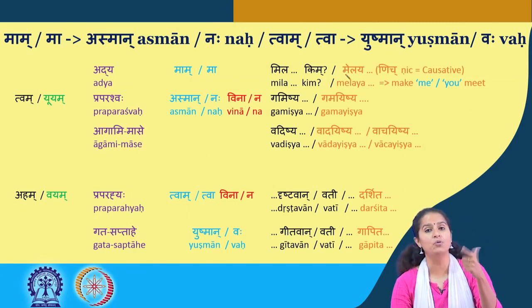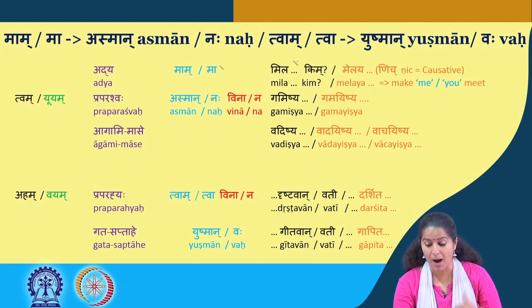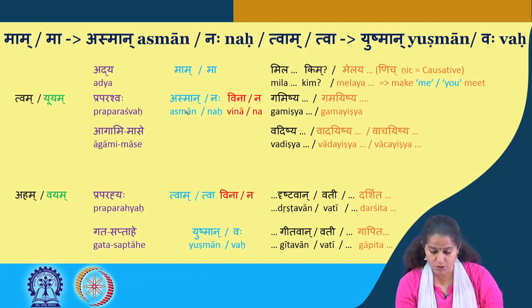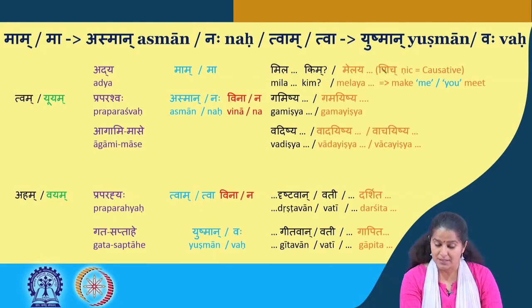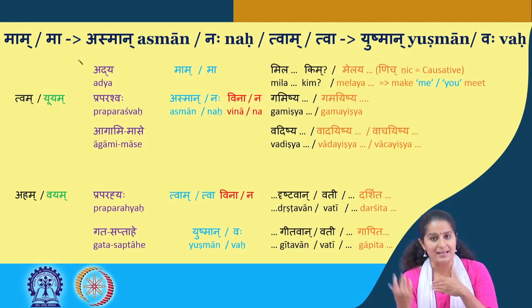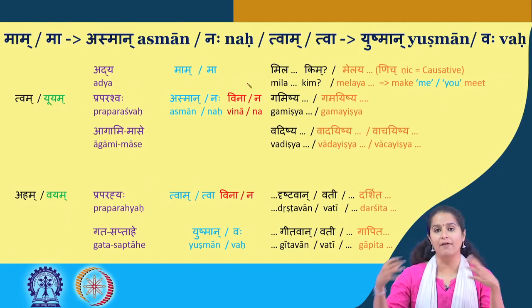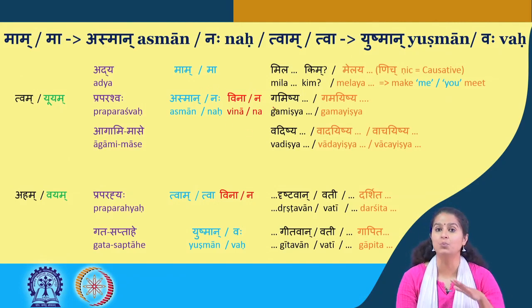Now you can do the same thing with the causative form. So let's take that. So tvam adya mam melayasi kim means, are you going to make me meet someone? Let's do it with asman. So tvam adya asman melayasi kim. The same you can do with yuyam, so the verb conjugation will change. But I want to add an extra thing here, which is you can also, if you want to make your sentence a little more complicated, do it with vina, which means without.